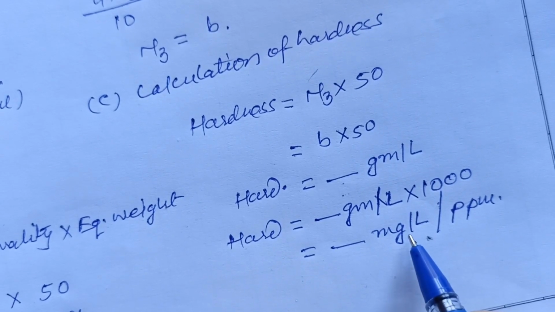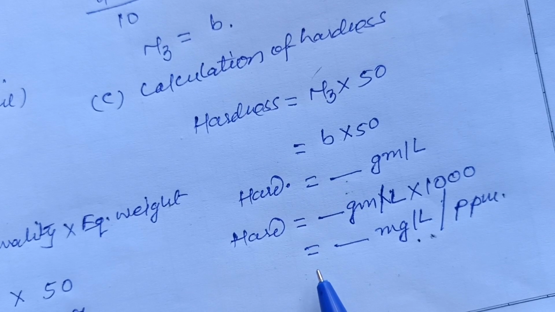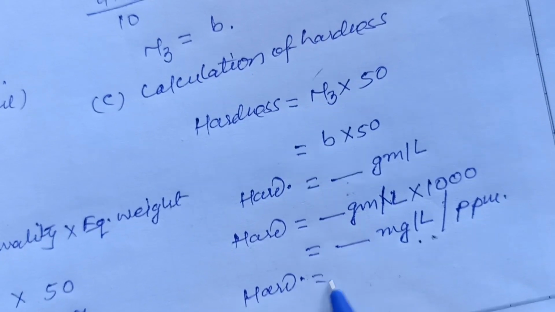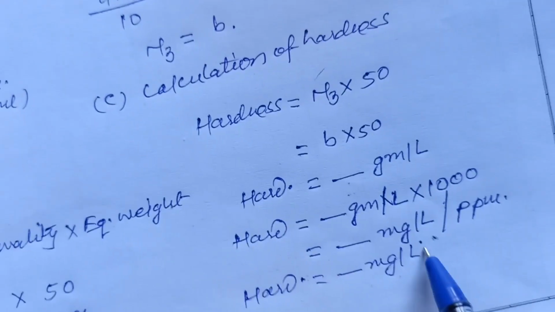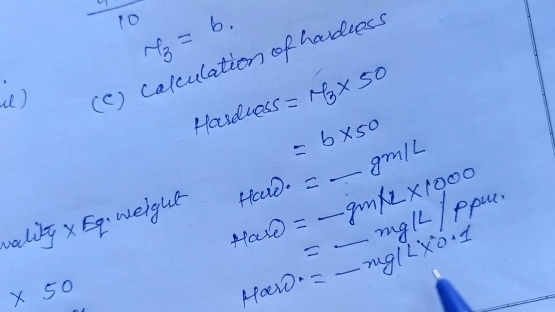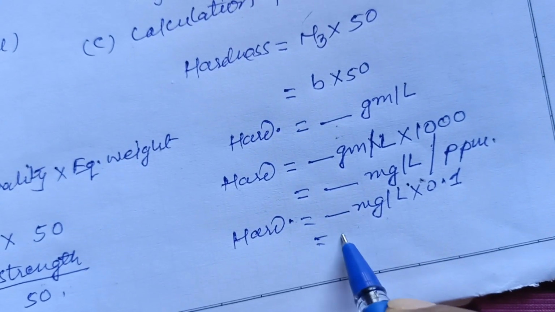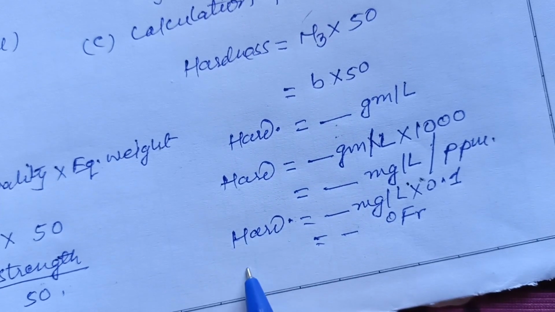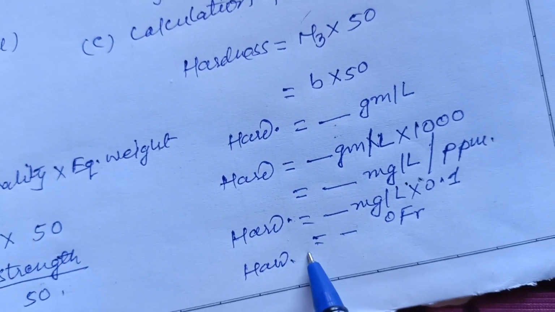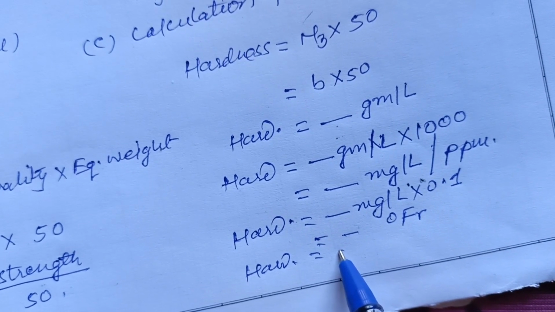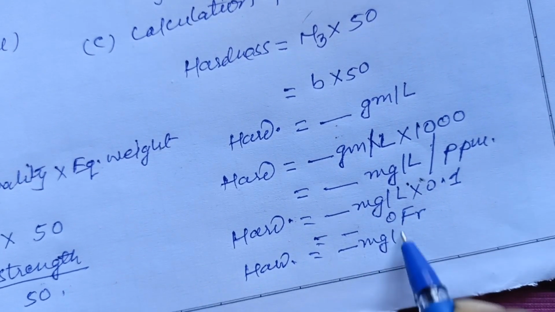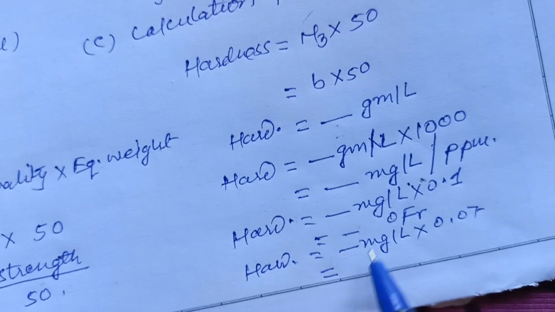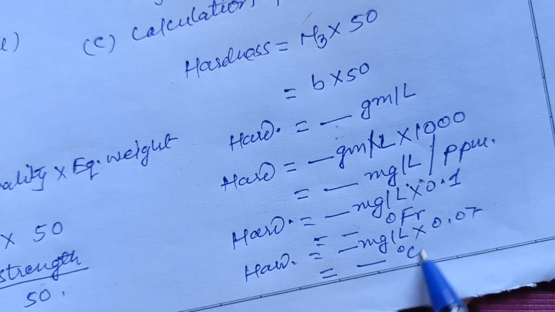This milligram per liter can also be converted into degree French or degree Clark. If you multiply this milligram per liter by 0.1, you get the answer in degree French. And if you multiply the hardness in milligram per liter by 0.07, you get the answer in degree Clark.